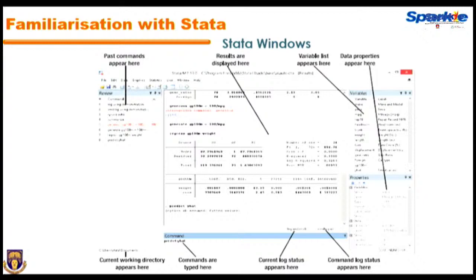Stata is a software that is capable of being used using both point and click and command. When you do a point and click, at the end of the day, when it's bringing out the result, it will also show you the command that you could have used instead.